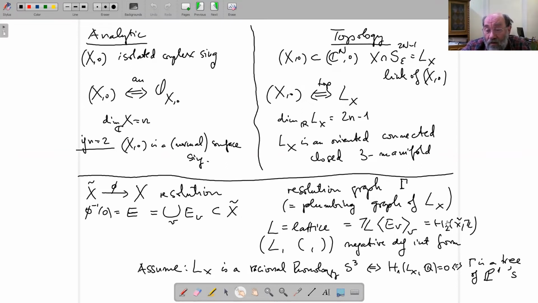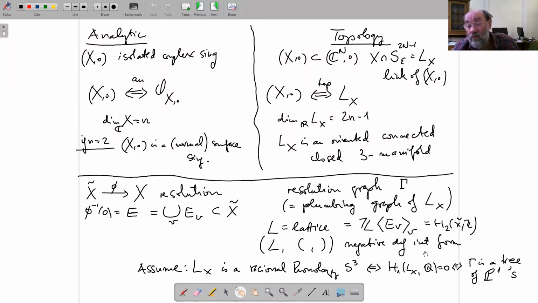The lattice in my case will be H_2 of X tilde. These are generated freely by the exceptional curves, so the rank is exactly how many exceptional curves we have. And here we have the natural intersection form, and we know that it is a negative definite intersection form.